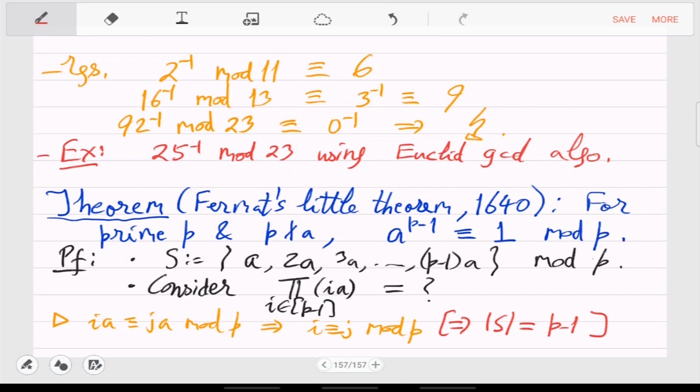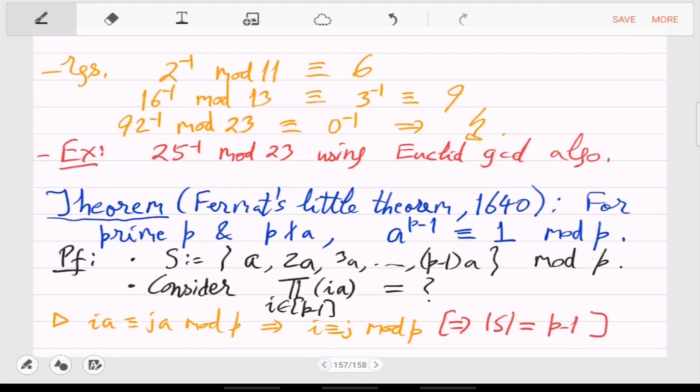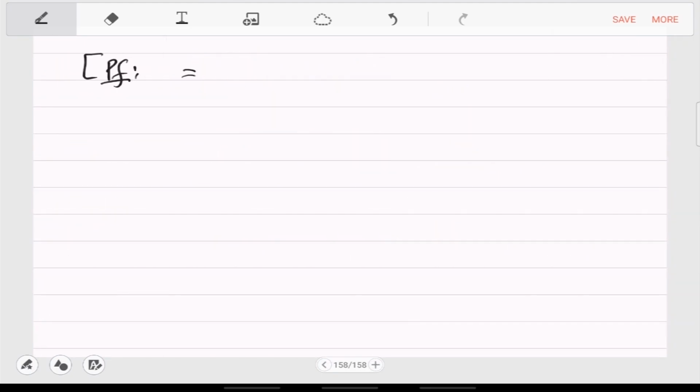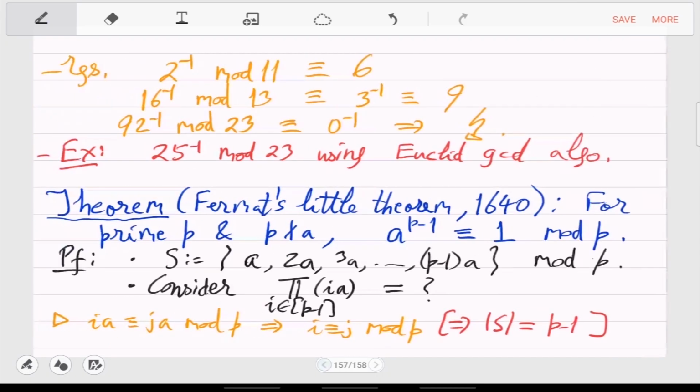How do you prove this? So if IA and JA are the same, then it means that (I minus J) times A is 0, which means, we have seen many times before that A inverse mod p exists, and so I is J. We could have said this directly also.